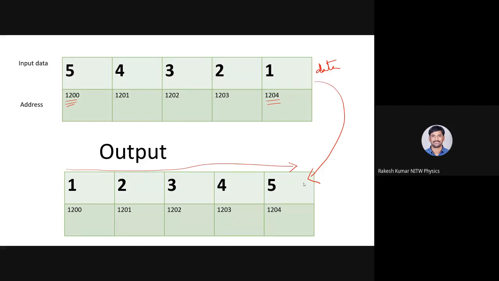Okay, fine. So is there any worse possible combination other than this? Is this the worst or the best possible combination for input data? Tell me, worst or best? Sir, worst. This is the worst combination. Anything more than this?